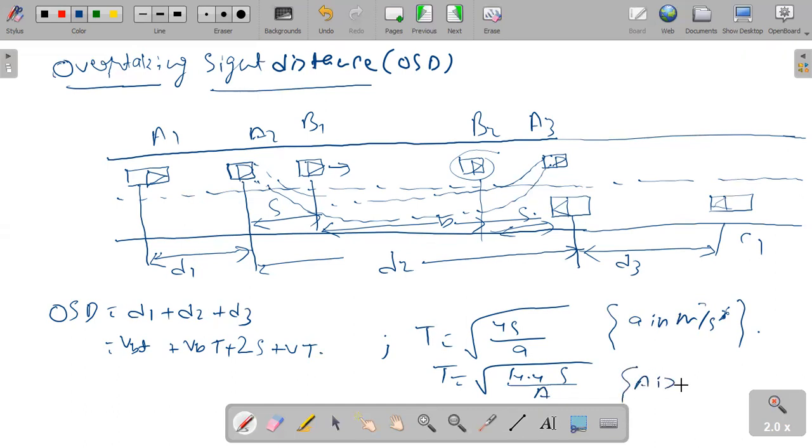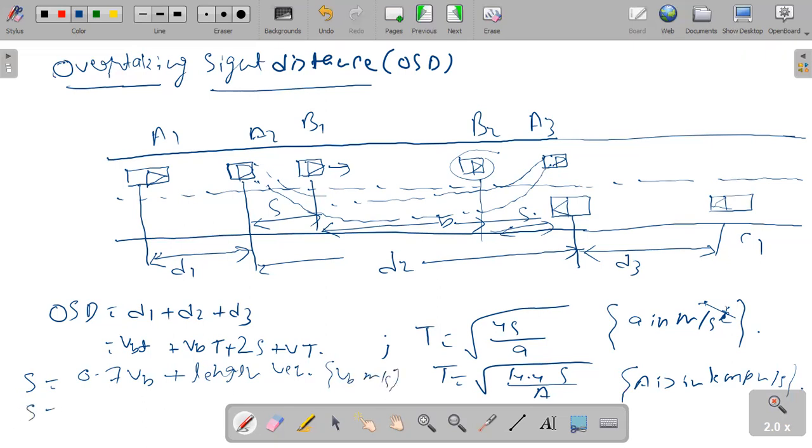Here a is in kilometer per hour per second. If we also have s equal to 0.7 vb plus length of vehicle. Basically the length of a vehicle is about 6 meter, generally it is 6 meter, and vb is obviously in meter per second.